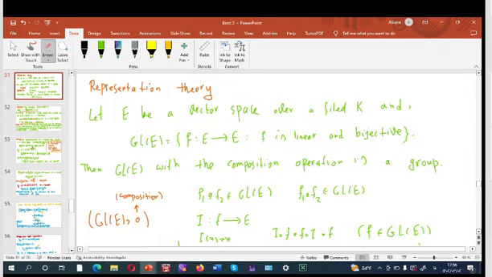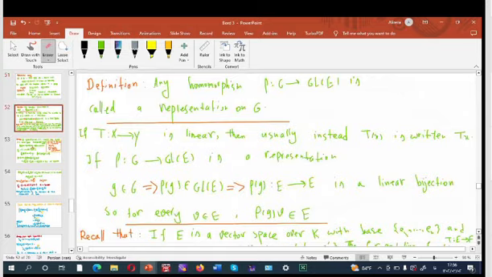Now a representation on G is a group homomorphism from our group G to this group GL of E. Any homomorphism such as rho from G to GL of E is called a representation of G.